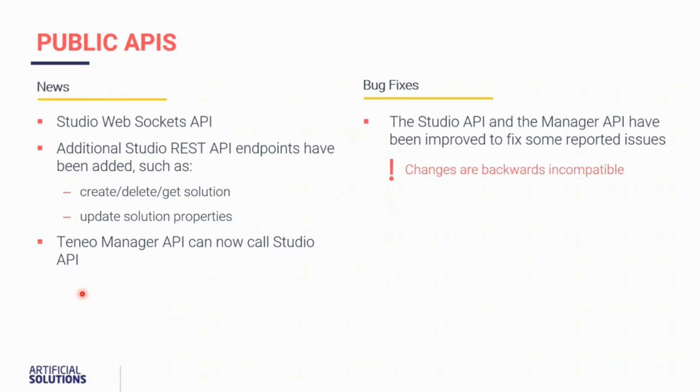If you are using some of these methods, which are also listed in the documentation, then you should check them and make sure that the API calls you're using are not on the list, because when you go to Teneo 7, you would need to update to the new version. Just so you're aware of that. I'm not sure how many of you will be using any of those API calls yet, but in case you are, then make sure to check them and to update them if they're affected.